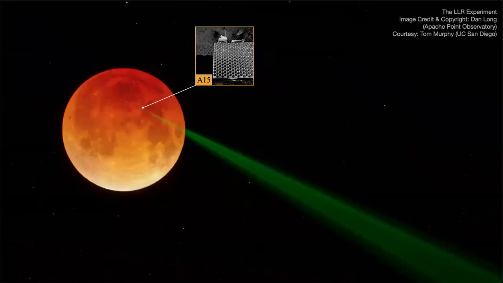They placed these reflectors and pointed them to the Earth. And the beautiful red hue that you see is because it just happened to be a lunar eclipse, and so this is the sunlight passing through the Earth's atmosphere and then casting that beautiful orange red hue on the moon surface.